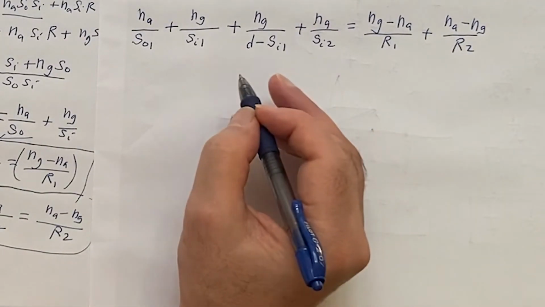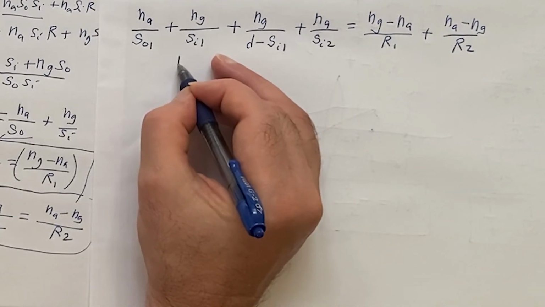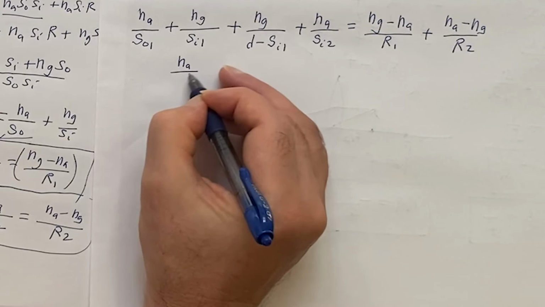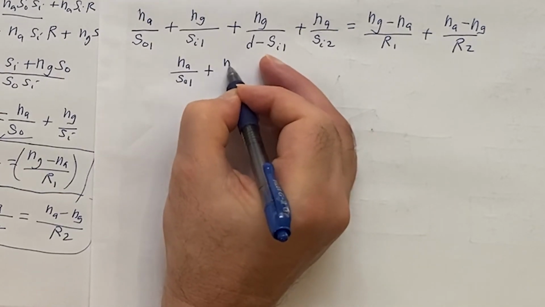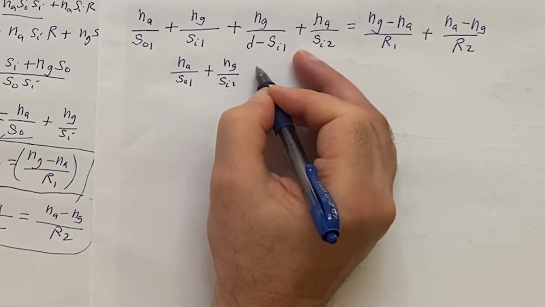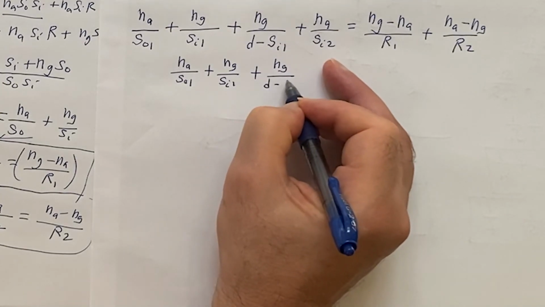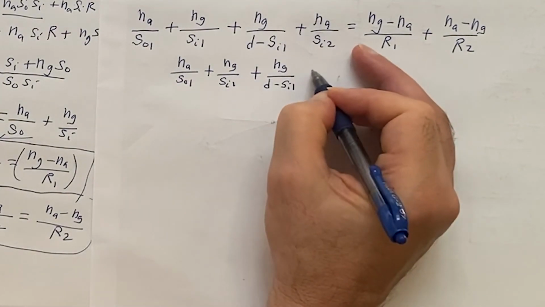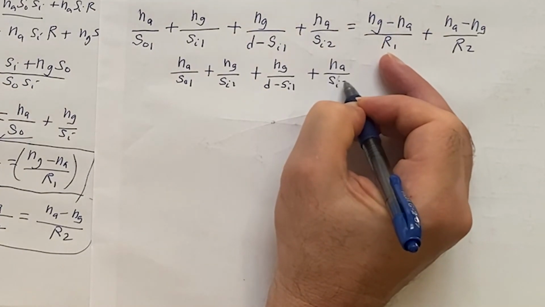Okay, so then the next step is to do a little bit of algebra. So let's go ahead and write down, let's not do too much in one step. Let's just write this down here and write the second term down as is, all right? And write the third term down as is, and write the next term down as is, all right?